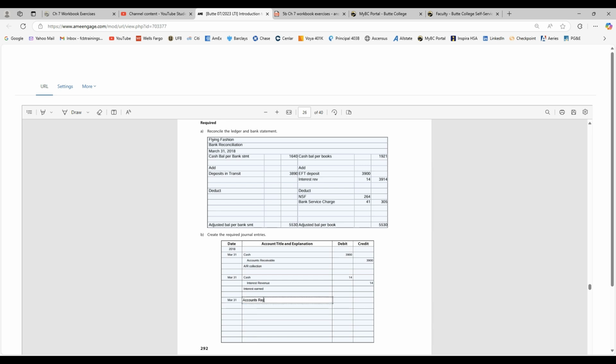accounts receivable increase, as opposed to the decrease above, but an increase for the NSF check. We thought the customer paid us, but in reality, it was a bad check.